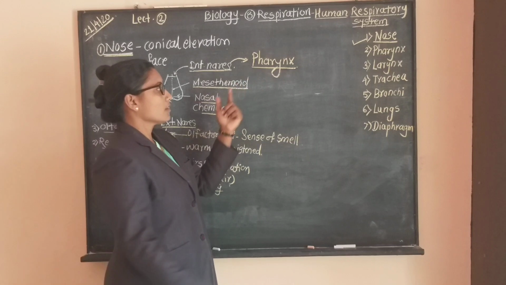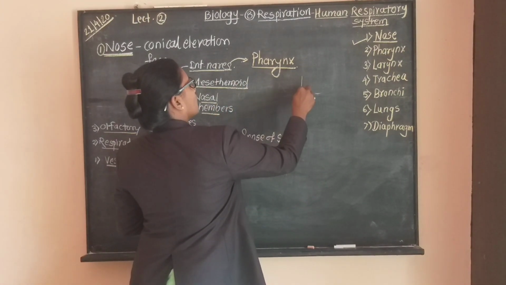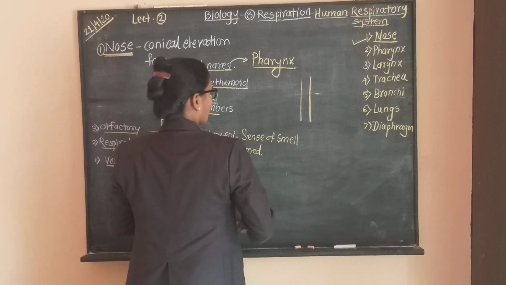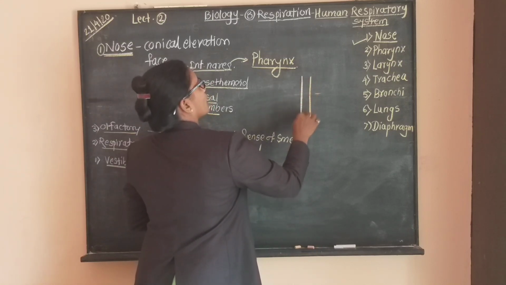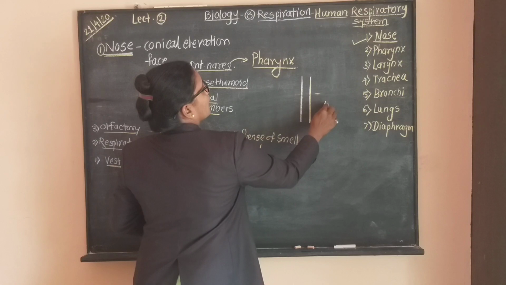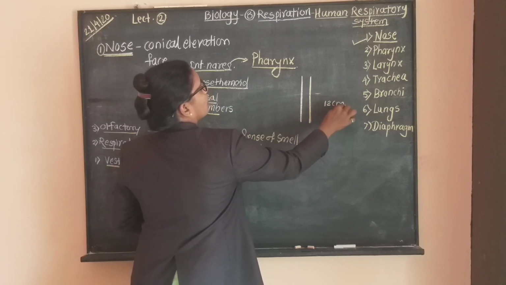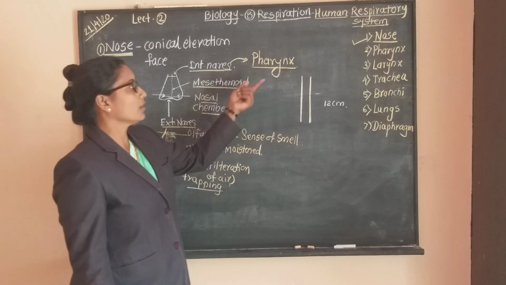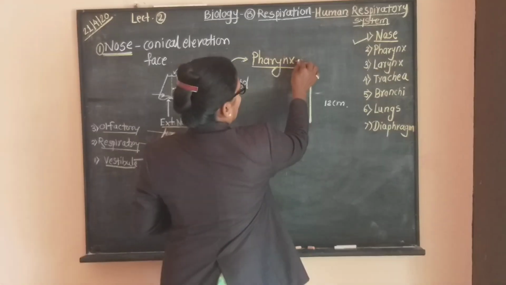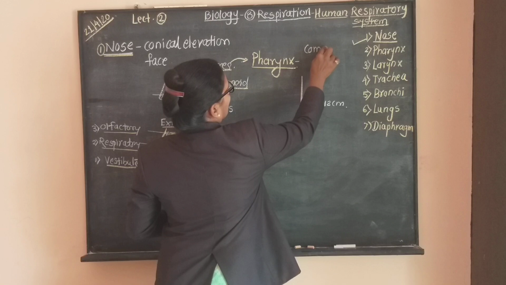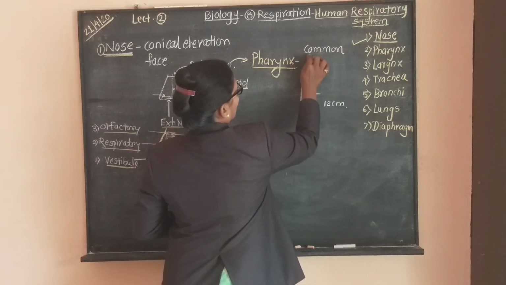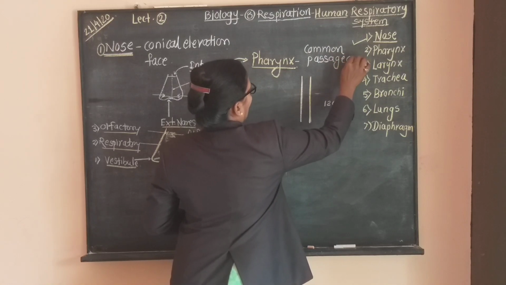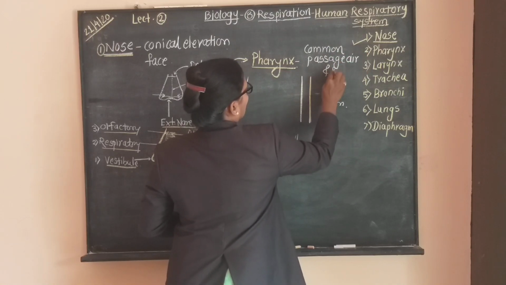Now this pharynx is nothing but a short vertical tube, nearly about 12 centimeters in length. Actually, this pharynx is a common passage for air and food.